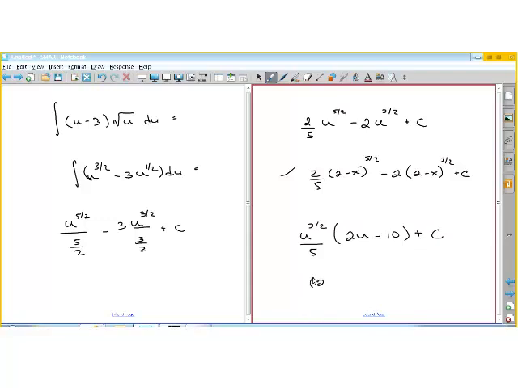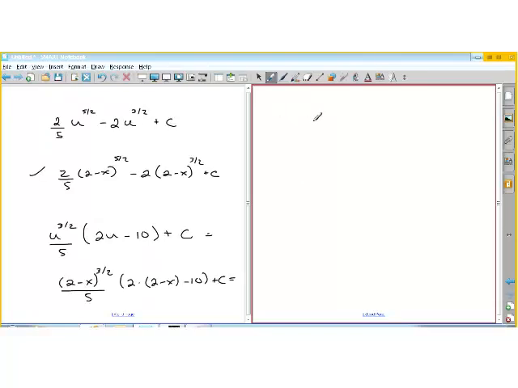So now we would plug u back in. So you'd get (2 minus x) to the 3 halves divided by 5 times 2 times u, which is 2 minus x, minus 10, plus c. And then we would just simplify what's in the second parentheses. So what would we have?